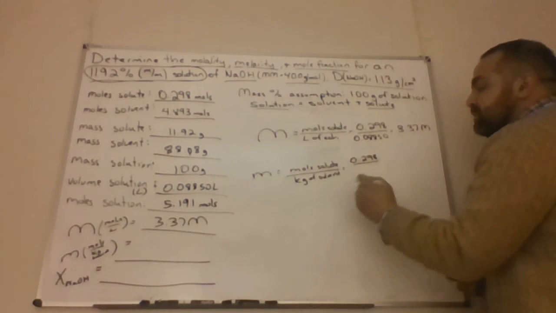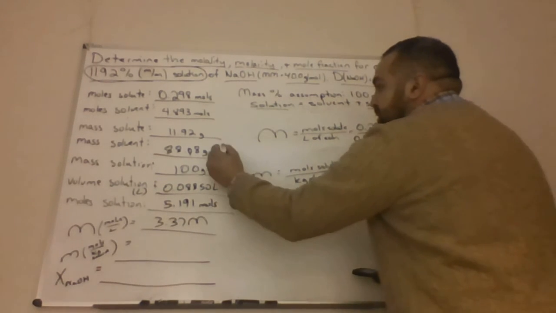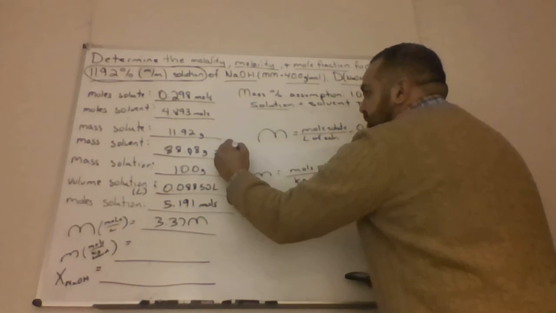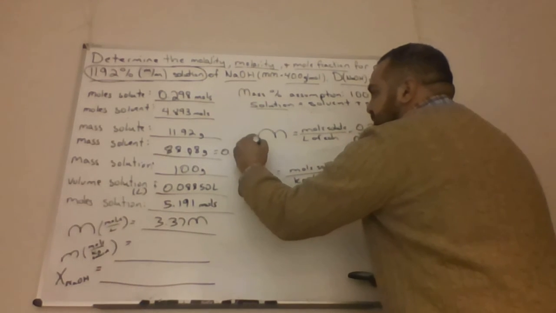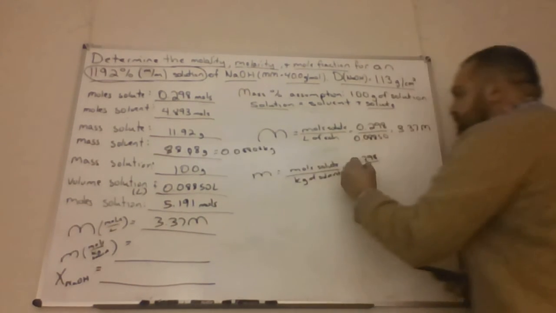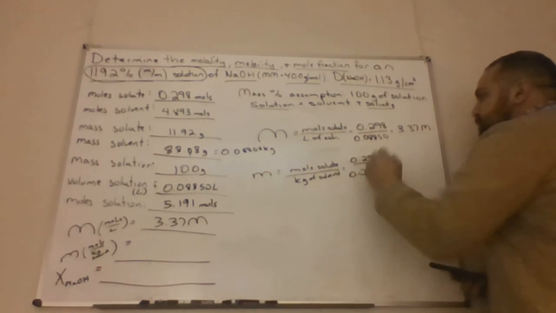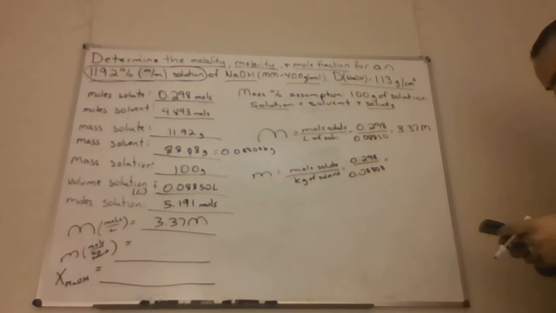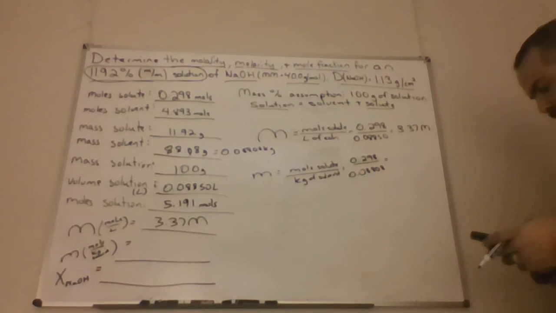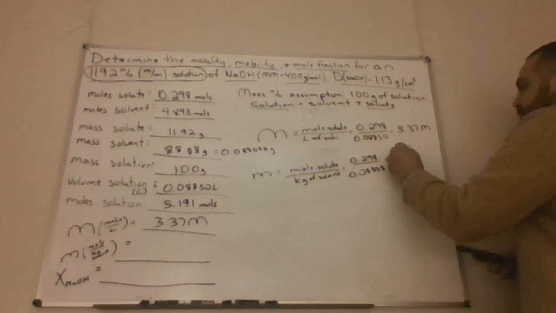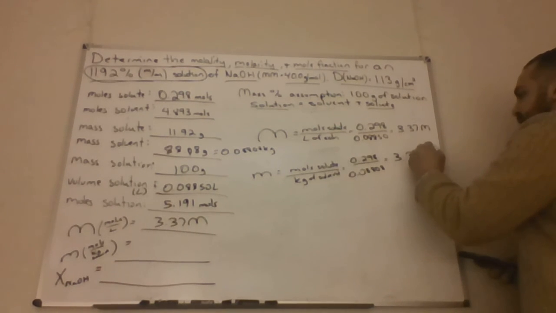Kilograms of solvent. So here we need kilograms. This is in grams. So we've got to convert this to kilograms by dividing by 1,000. Then we get about 3.38 molar.